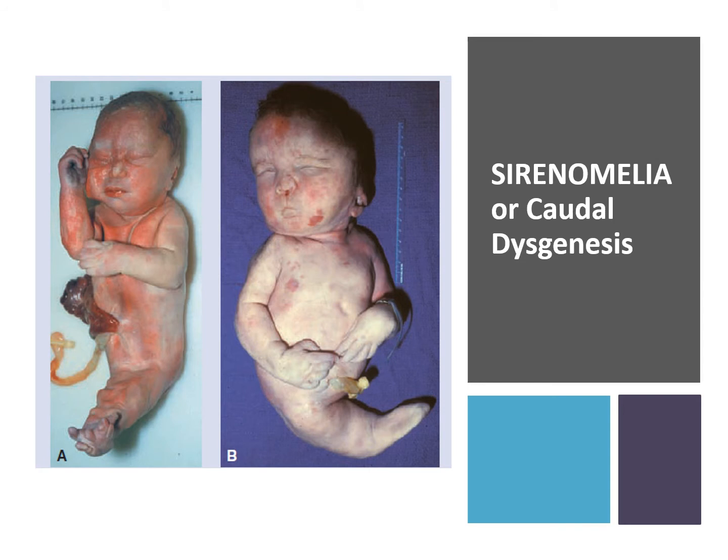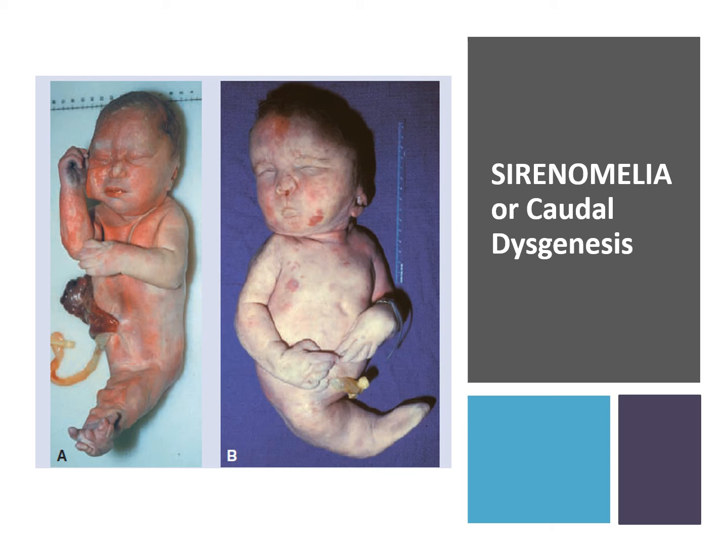This baby has a severe form of caudal dysgenesis, otherwise known as sirenomelia. Sirenomelia can occur in varying degrees and is caused by abnormalities during gastrulation. It's also known as caudal agenesis because of the absence of caudal structures, and sometimes called sacral agenesis because of the absence of the sacral structures.